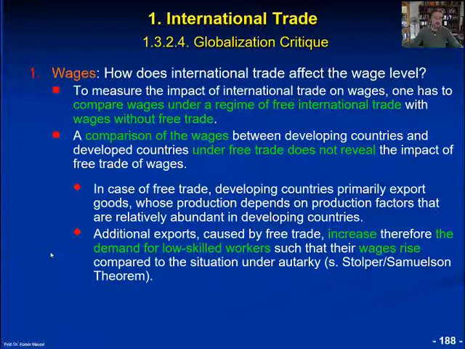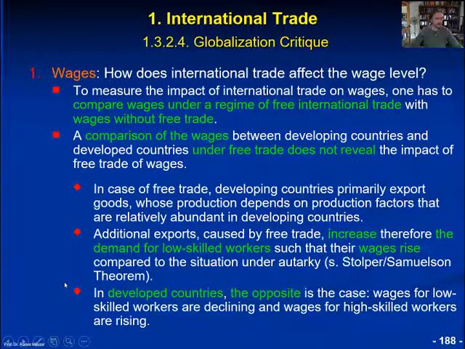Additional exports caused by free trade increase therefore the demand for low-skilled workers, which are relatively abundant in developing countries, such that their wages rise compared to the situation under autarky. At least this is what the Stolper-Samuelson theorem tells us.